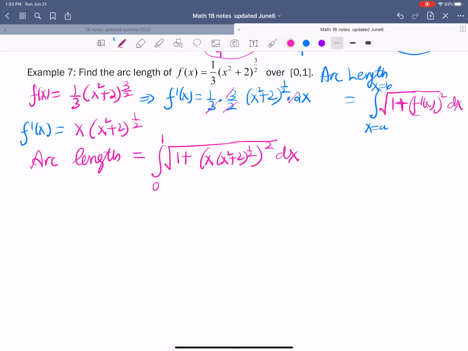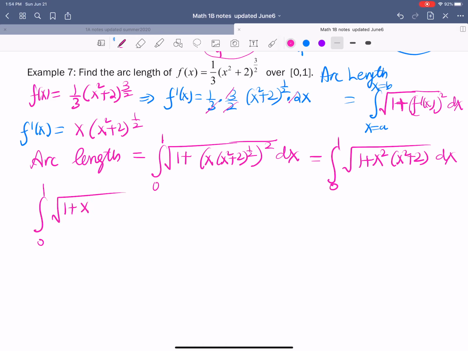Okay, as you can see, when I square, I would be able to write x squared times (x squared plus 2), because a 1/2 and 2 will cancel each other. Square root and square will cancel there. So 0 to 1, 1 plus x to the 4th, if I distribute the x squared inside, plus 2x squared.